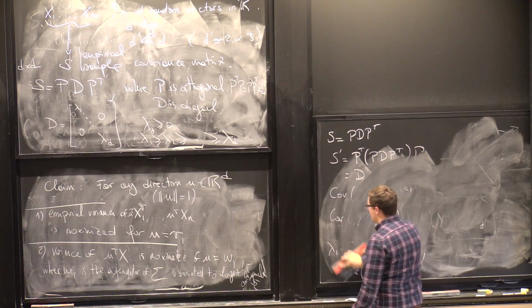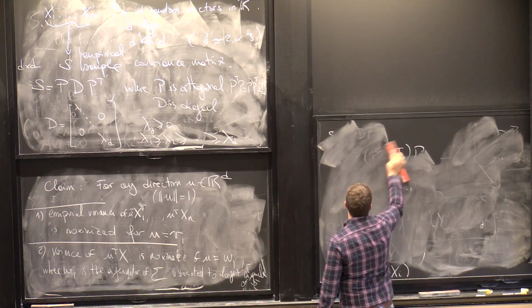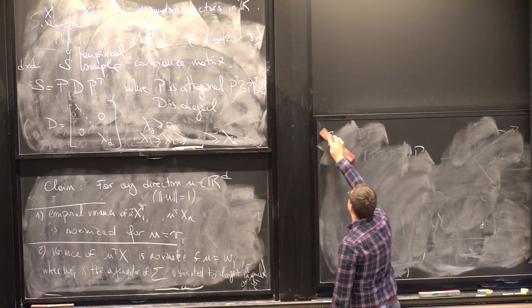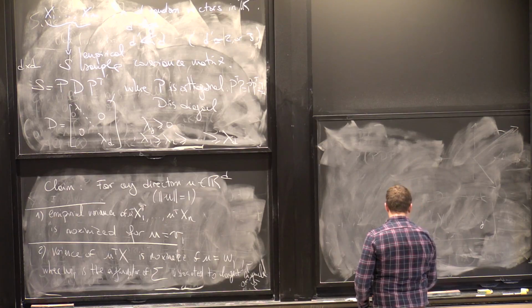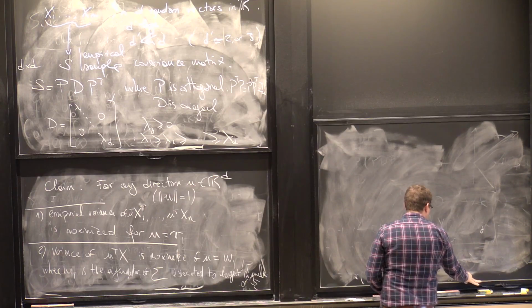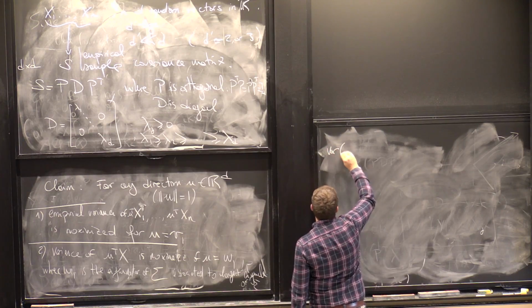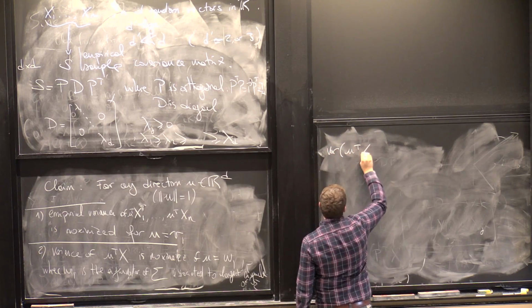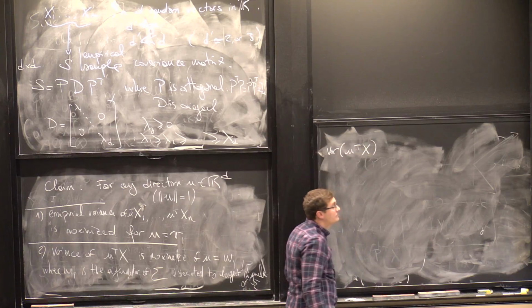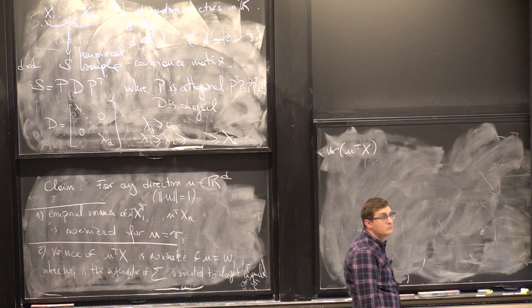Okay, so why is this claim true? Well, let's look at the second one, for example. So what is the variance of u transpose x? That's what I want to know.